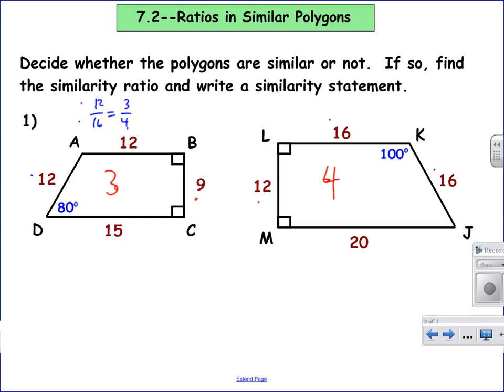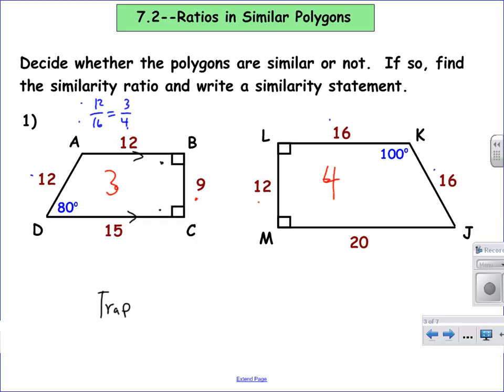So now, the last thing I need to do here, I'm going to need some space down here, so I'm just going to clear that out of there. But we need to make a similarity statement. I'm just going to call these quadrilaterals because actually they're trapezoids, but you know why that is. They're trapezoids because if you look at figure ABCD, these are 90 degrees each, angle B and angle C. So therefore, these lines are parallel, right?